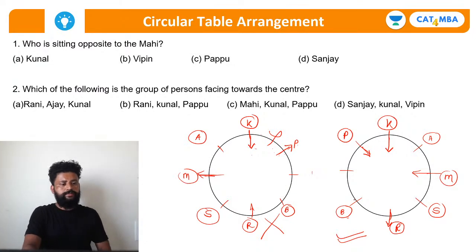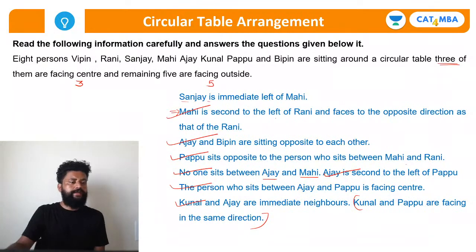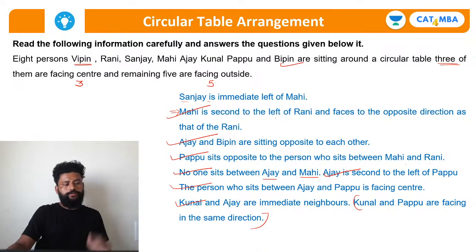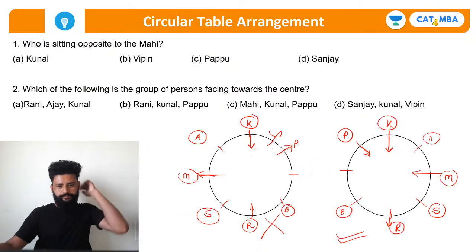So let's have a look at which person is left. We have the list of names: Vipin, Rani, Sanjay, Mahi, Ajay, Kunal, Pappu. We have not used Vipin yet, right? This must be Vipin.